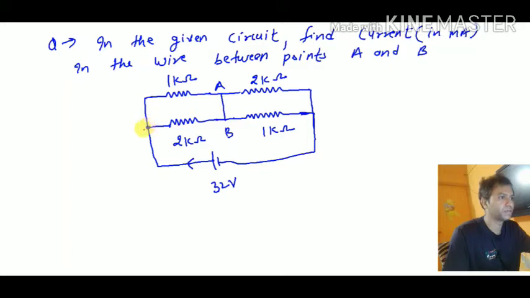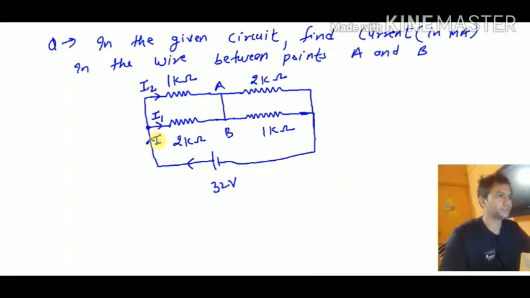Suppose I amount of current is coming, so this will find a junction. Because of this junction, here current will get divided. Suppose I am writing I1 and this is I2.